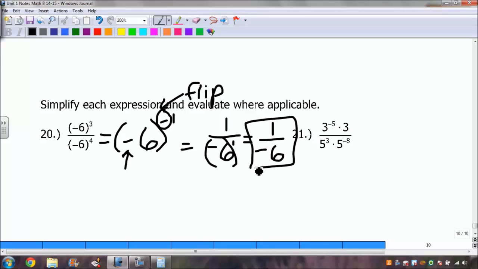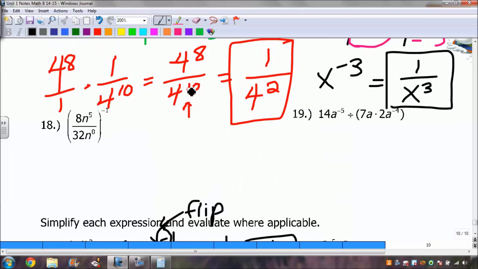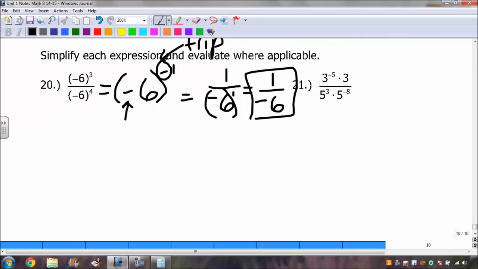Okay, the other way I want you to look at it is the same way we looked at this 4 to the 8th power divided by 4 to the 10th power. Imagine that you have 3 negative 6s being multiplied together on top and 4 negative 6s being multiplied together on the bottom. So 3 of them will cancel out and you will have 1 left over.